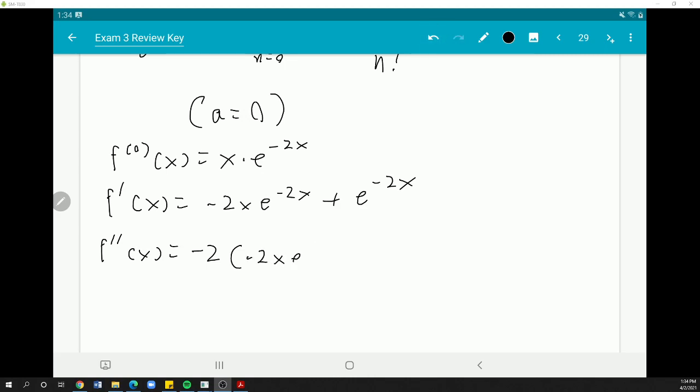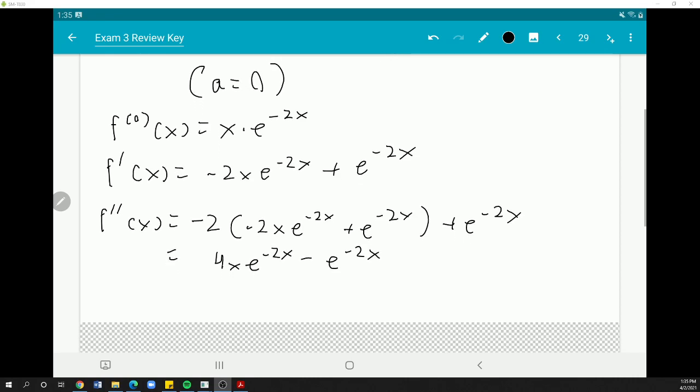So I can just copy that down, e to the minus 2x plus e to the minus 2x plus e to the minus 2x equals 4x e to the minus 2x. And actually I'm going to get rid of this. You would get a positive 4 here. 4x e to the minus 2x minus 2x e to the minus 2x, and then plus 1. So just minus e to the minus 2x.